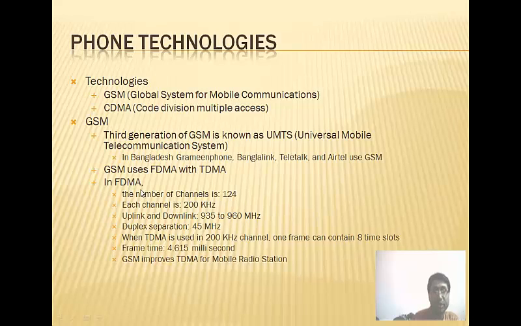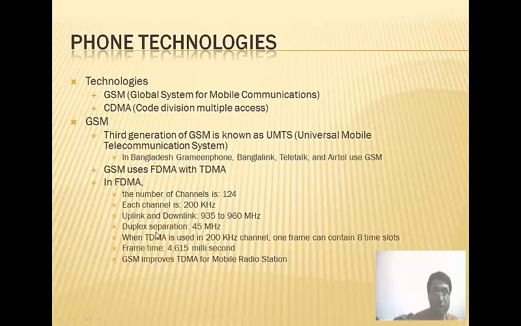In FDMA, the number of channels is 124. Each channel is 200 kilohertz. Uplink and downlink both can be this. And duplex separation, I think, is just the sending and receiving separation, which is 45 megahertz.